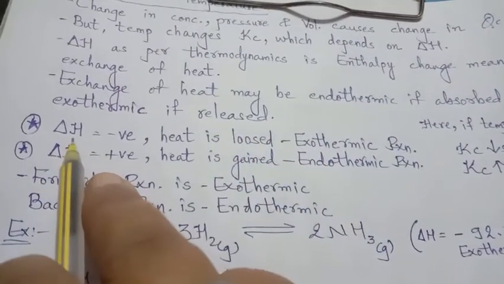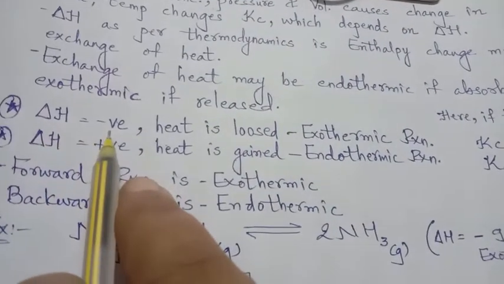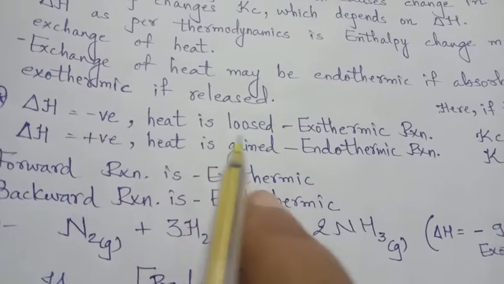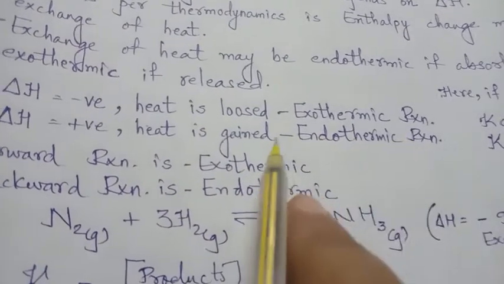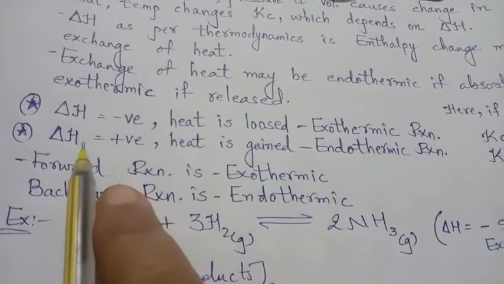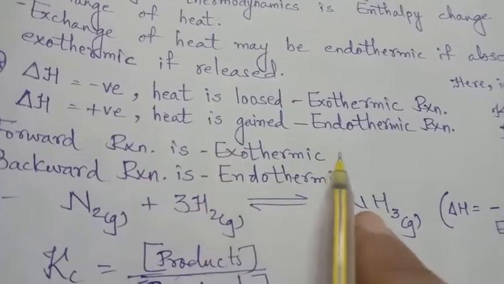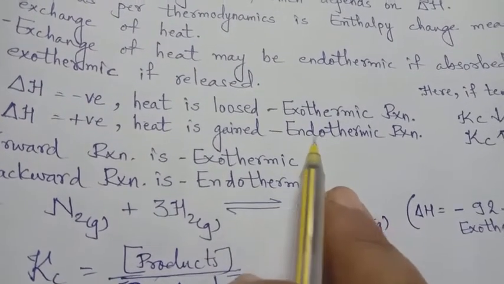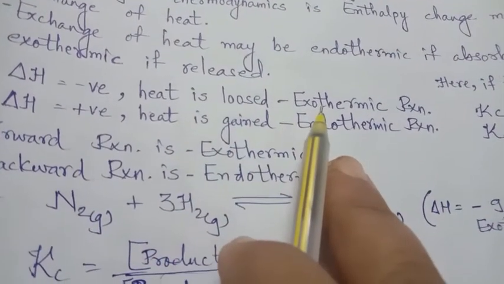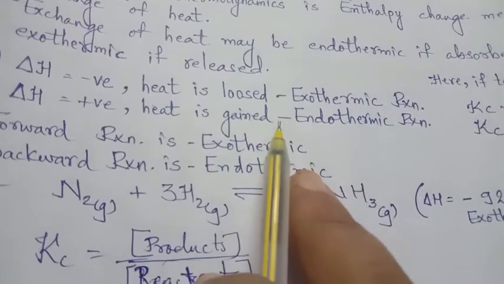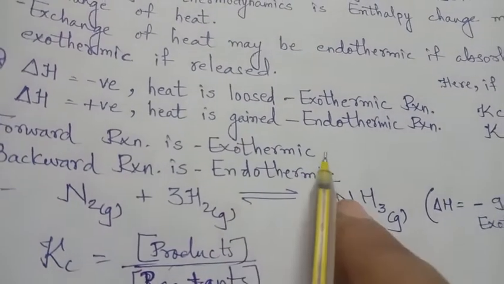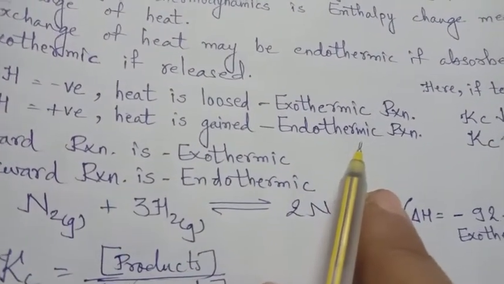When delta H, change in enthalpy, is negative, heat is lost, that is exothermic, heat is given out, and if delta H is positive, heat is gained and it is endothermic. Heat is given out, it is exothermic; heat is gained, that is endothermic reaction.